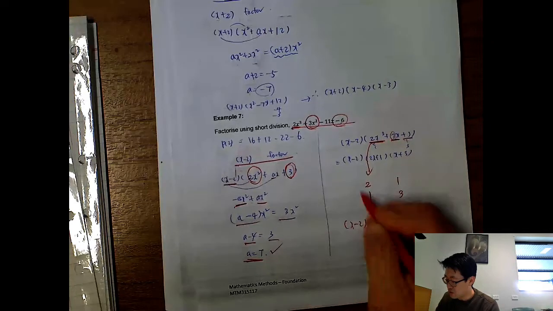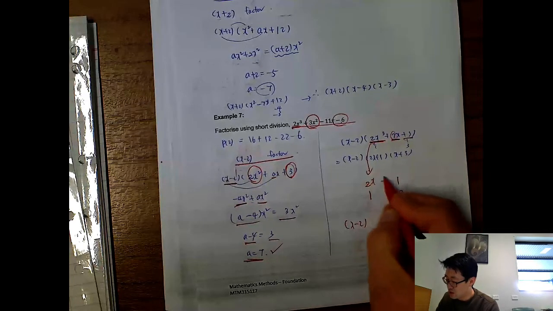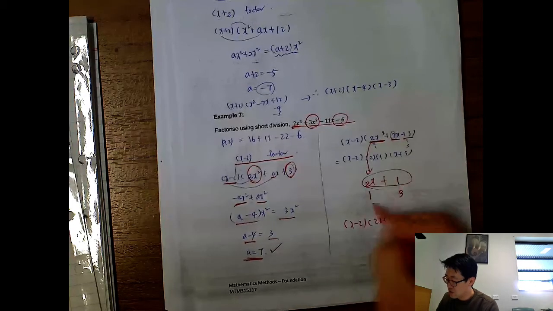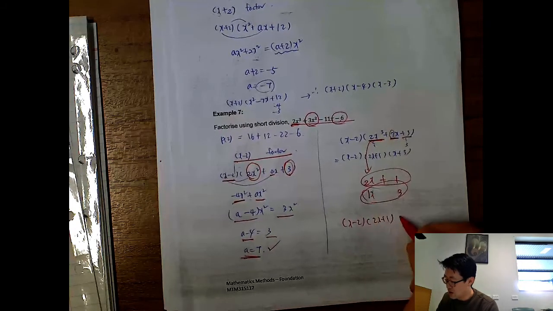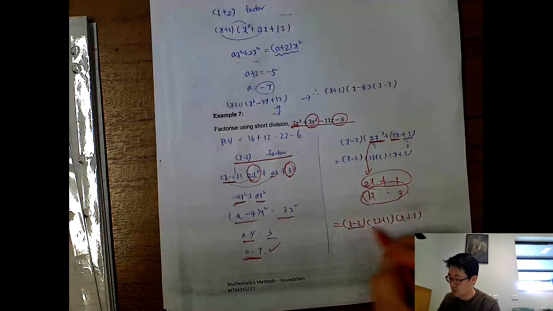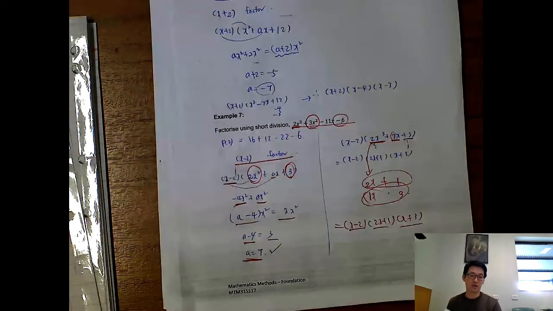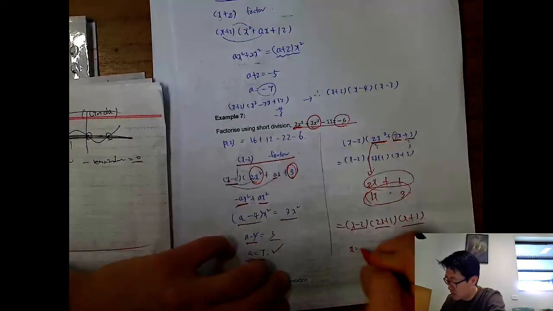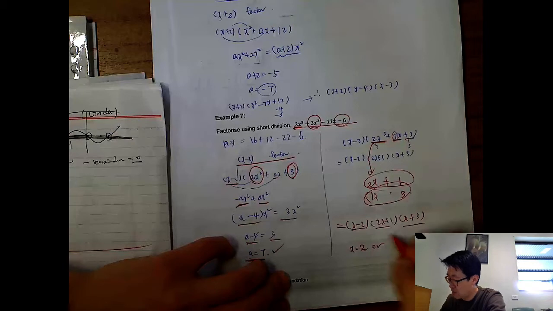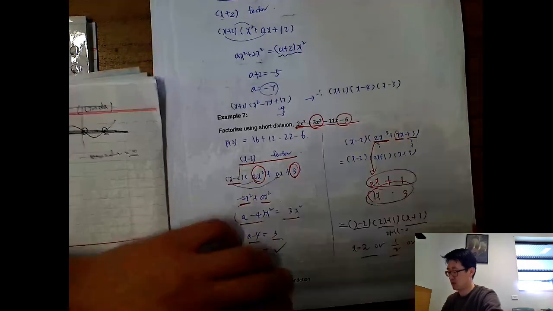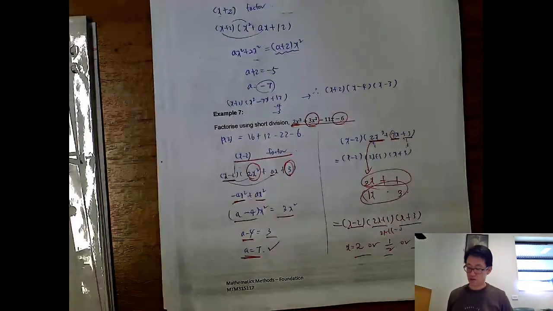Therefore, x minus 2, 2x plus 1, and x plus 3. Okay, so 1, 2, 3 linear factors I have. And the answer is x equals 2, or 2x plus 1 equals 0, so half, or minus 3. That's how you can write that down.